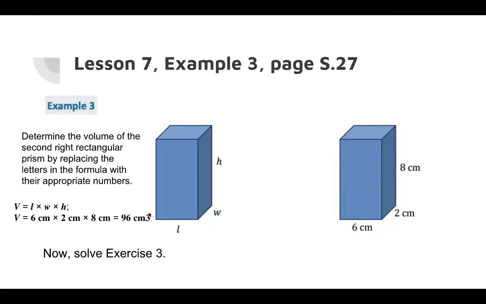This should be a superscript, a smaller number at the top, and I apologize that it's not written as a superscript, but that should be cubed. When we have your unit of measurement to the power of 3, that is always called cubed. Now solve exercise 3, and pause this video if you need to.